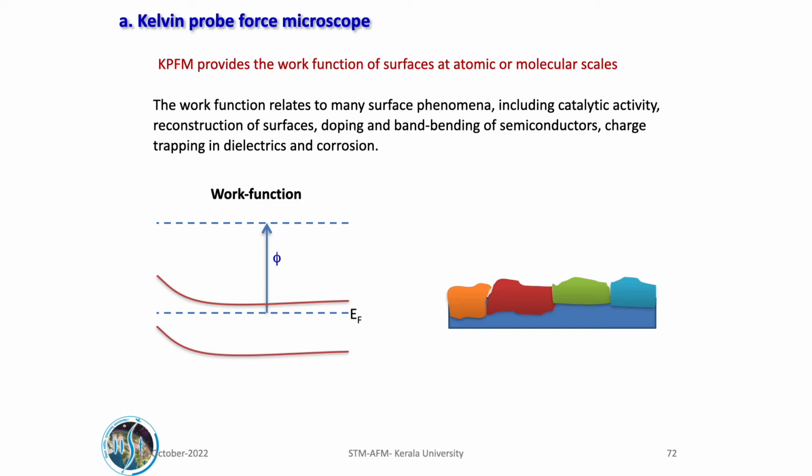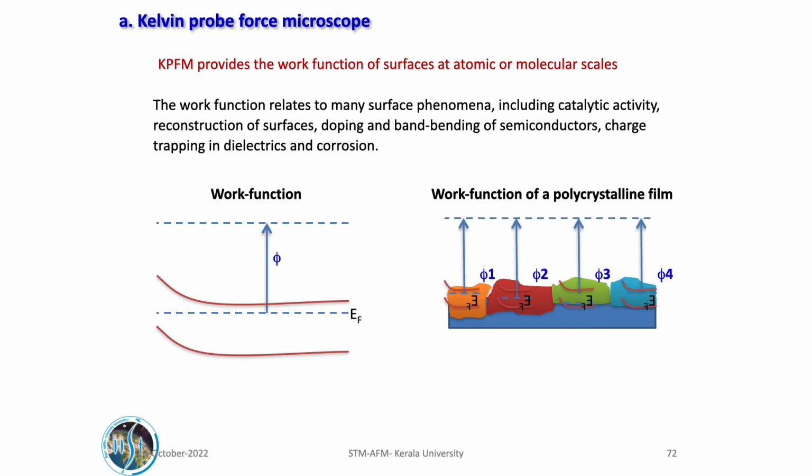That's what we call the vacuum level. So the top line is the vacuum level, and the energy required to take an electron from the Fermi level to the vacuum level is defined as the work function. This is what we are going to measure in the Kelvin probe.